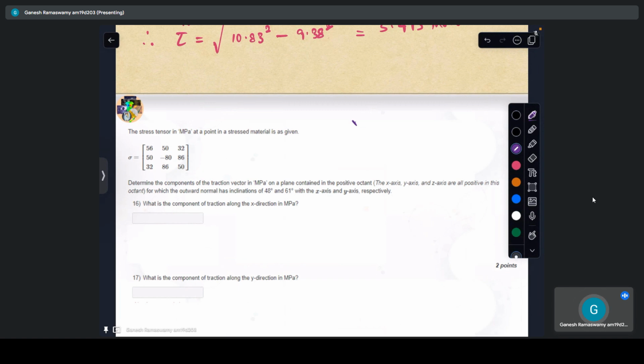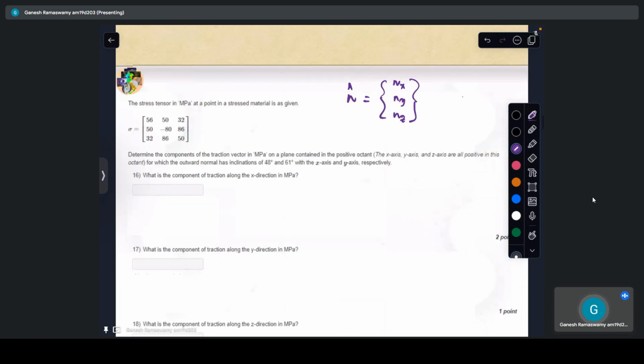So what we are trying to say here is, if n is the vector represented by nx, ny, nz, then all these three are positive is what is given. And it says that the outward normal has inclinations 48 degree and 61 degree with the x and y axis respectively.